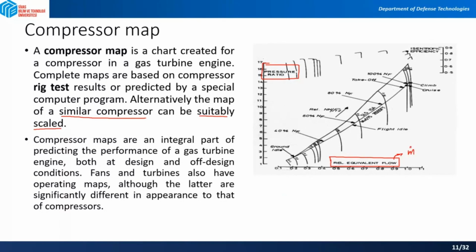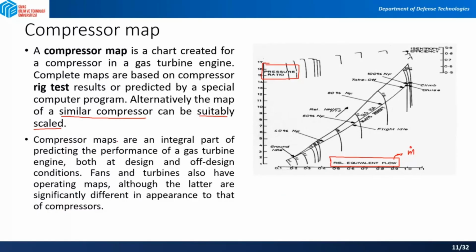So this is not only m dot, but it is expressing your mass flow rate, and these are the different RPMs of this compressor. We will see it in a second. When you're defining all the things in non-dimensional numbers, you can suitably scale them.